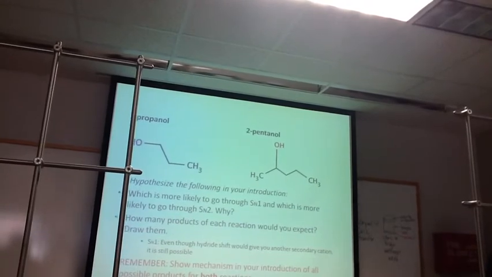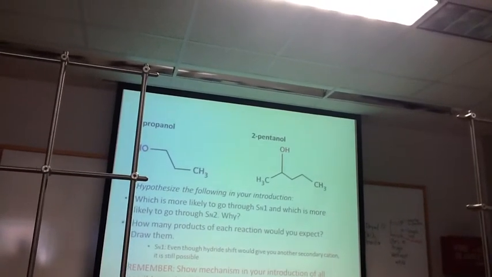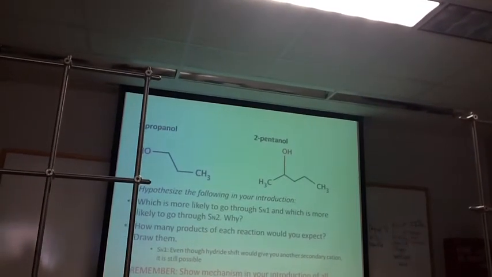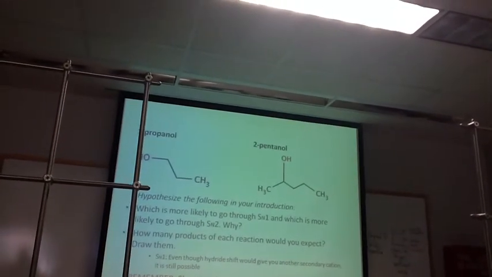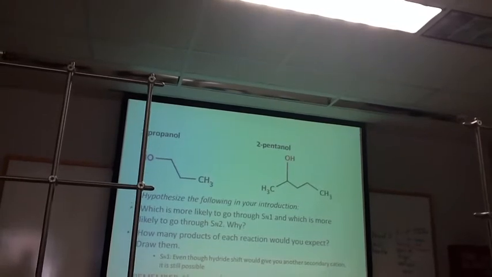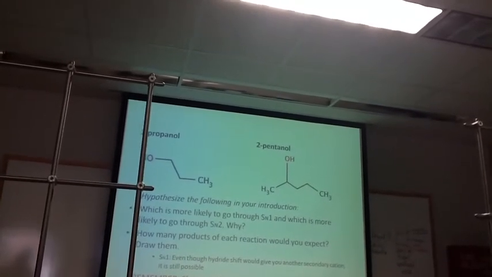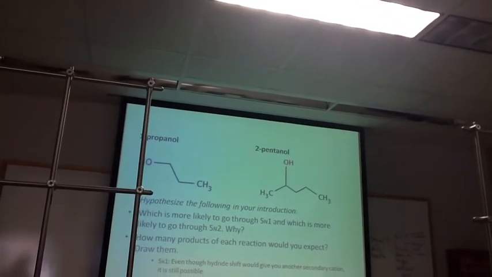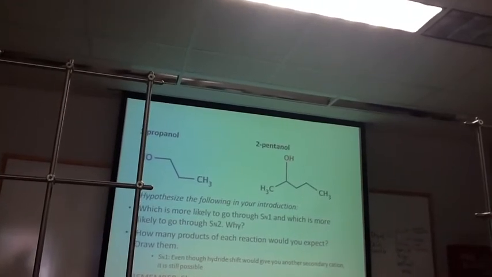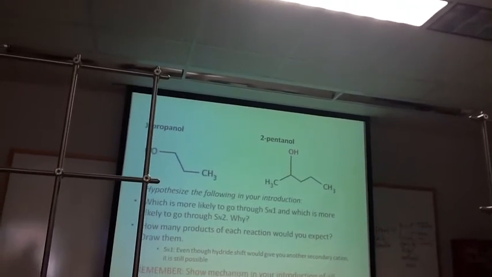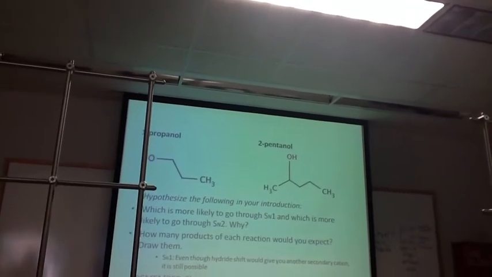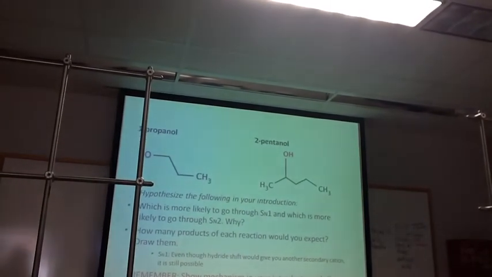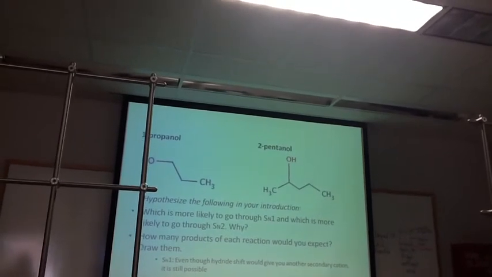Okay, so how many products would you expect for each one? Okay. 4 on the SN1. How many people say 2? Total or for each? For each. Okay. 1 and 2. Can you repeat the question?